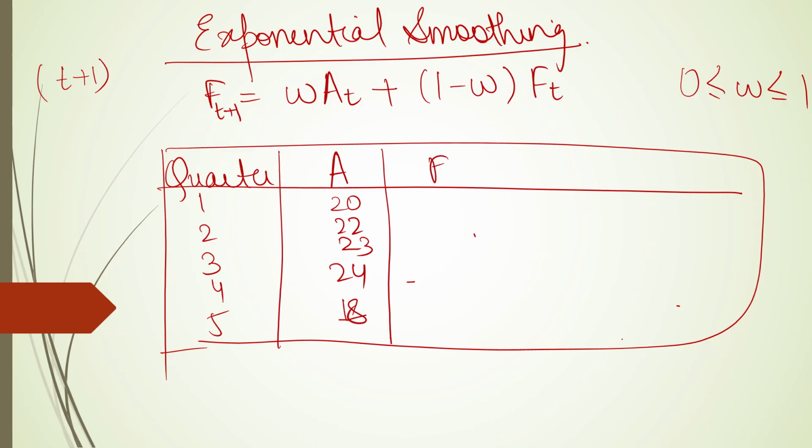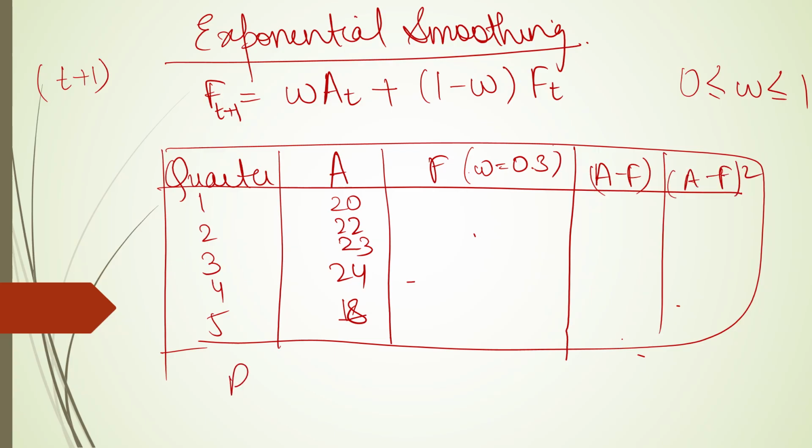Now, how to calculate F? Given W is equal to 0.3. Then after that, we all know that we have to calculate A minus F whole square. Why? To calculate your RMSE value, which is under root summation A minus F square upon N.